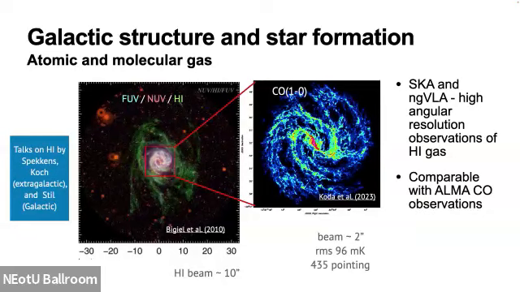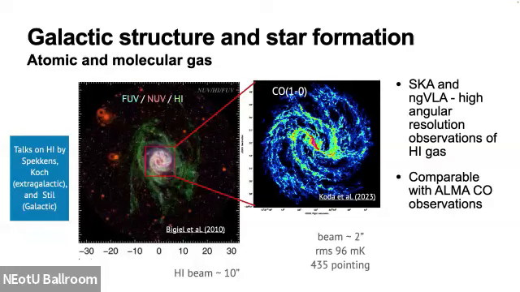With SKA and ngVLA, we can observe atomic hydrogen with higher angular resolution than we can currently do. With that, we can compare the atomic hydrogen distribution, which is more abundant in the outskirts of the galaxy, with the molecular gas, like the one that can be observed with ALMA.